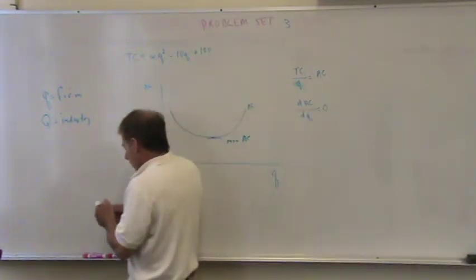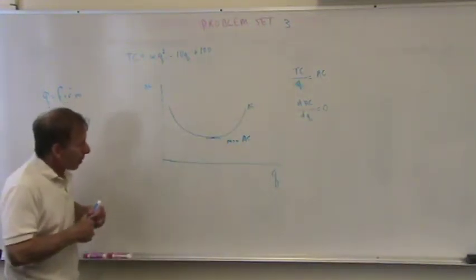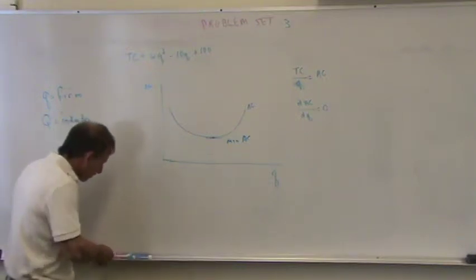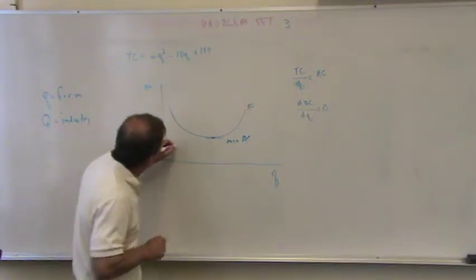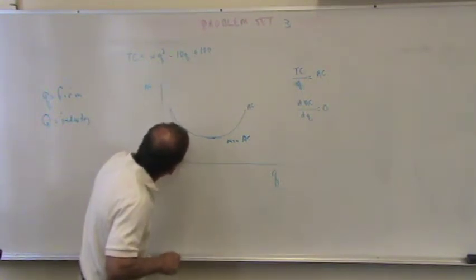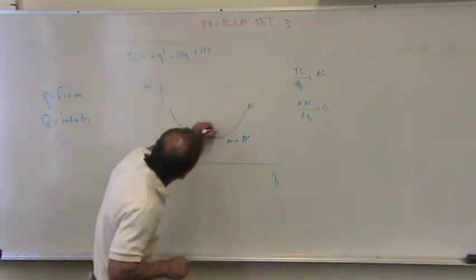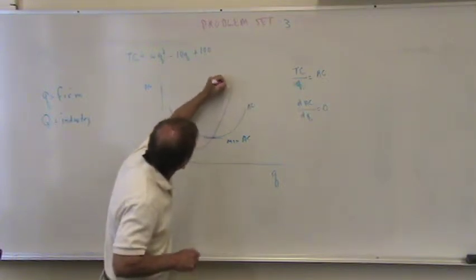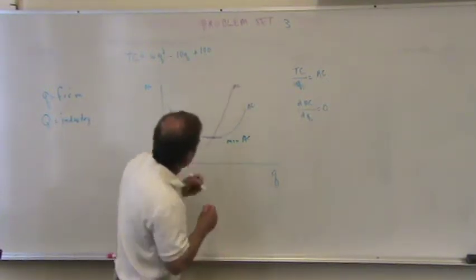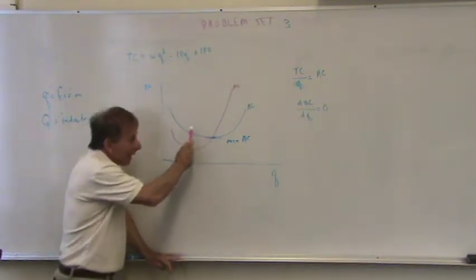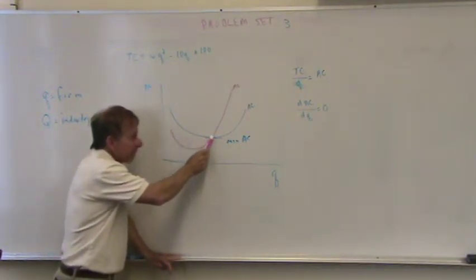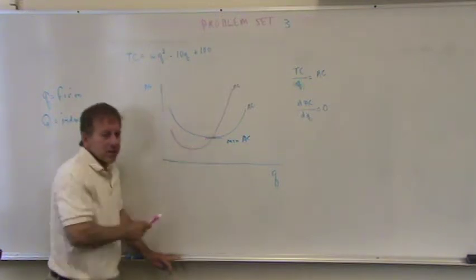Now, what about marginal cost? The marginal cost curve comes in right here and simply looks like that. The average cost curve will always be intersected by the marginal cost curve at the average cost curve's minimum.